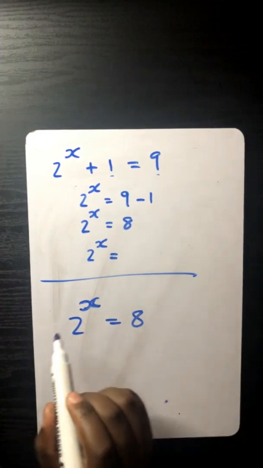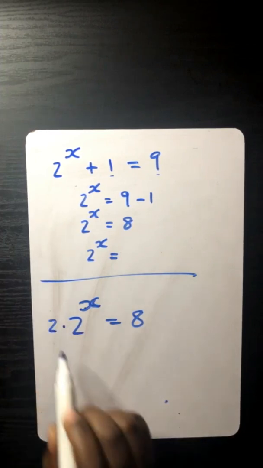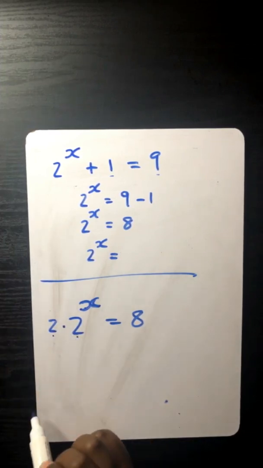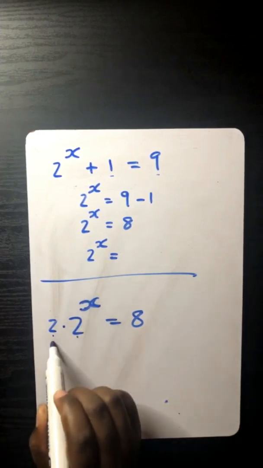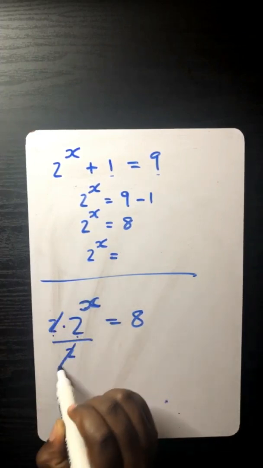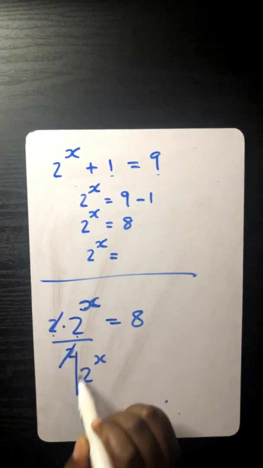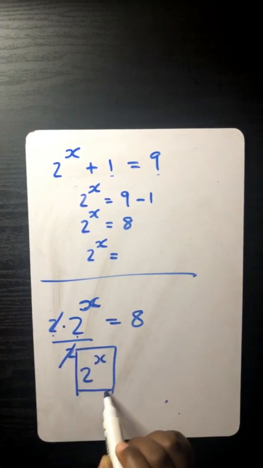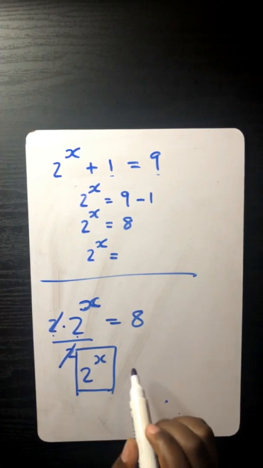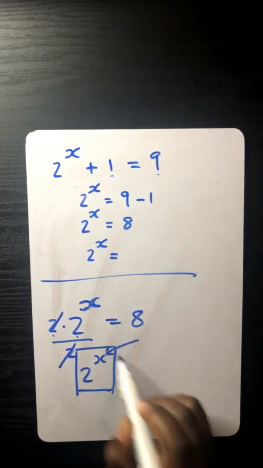You are going to divide by 2 if maybe you had 2 multiplied by 2 to the exponent x. That's when you can divide by 2 so that it cancels, and then you just remain with 2 to the exponent x. So this is a very special type of problem where the exponent is the unknown.